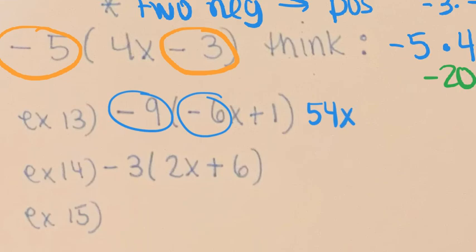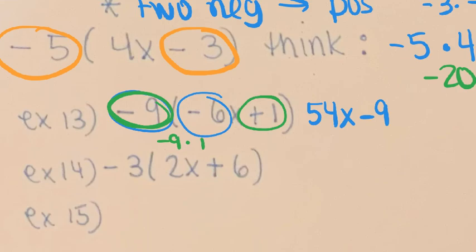Then I'm going to think of this as a negative 9 times a positive 1. A negative 9 times a positive 1 is negative. So I write 54x minus 9. Positive 54, but a negative 9.